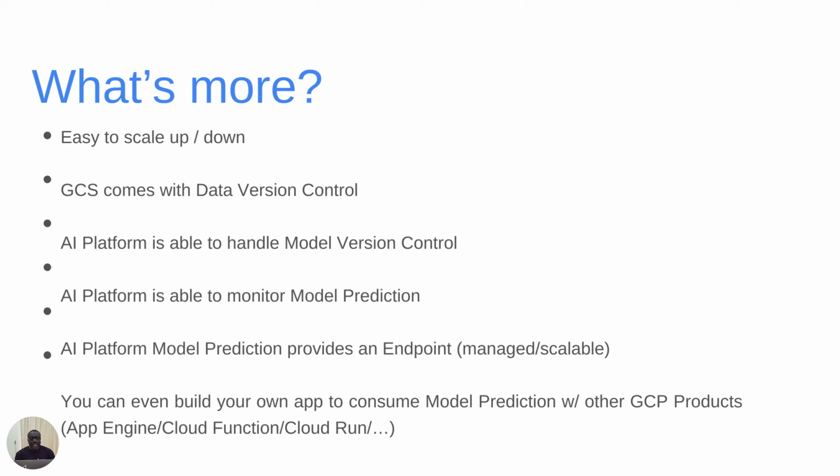Now, whichever option you take, just know that with Vertex AI, it's easy to scale up and scale down. You've got data version control that comes in. So what that means is if you're managing your datasets, you're able to even know which version of the dataset you used to train which version of the model.